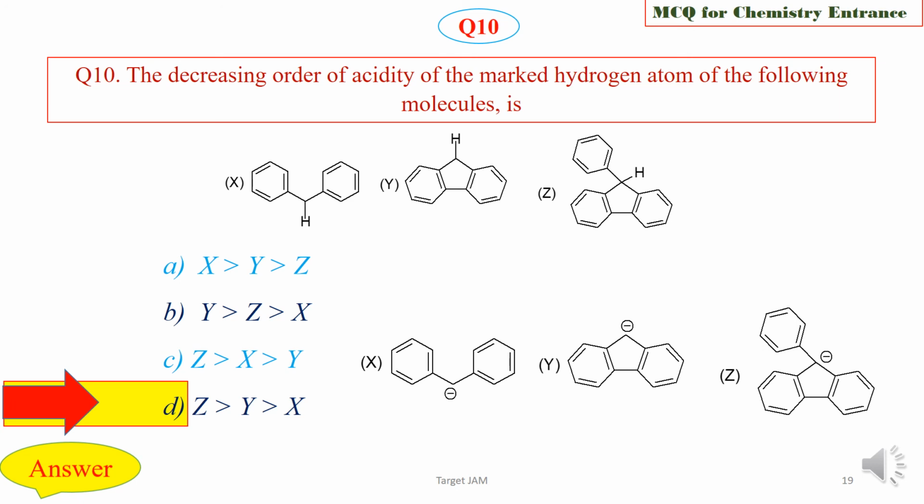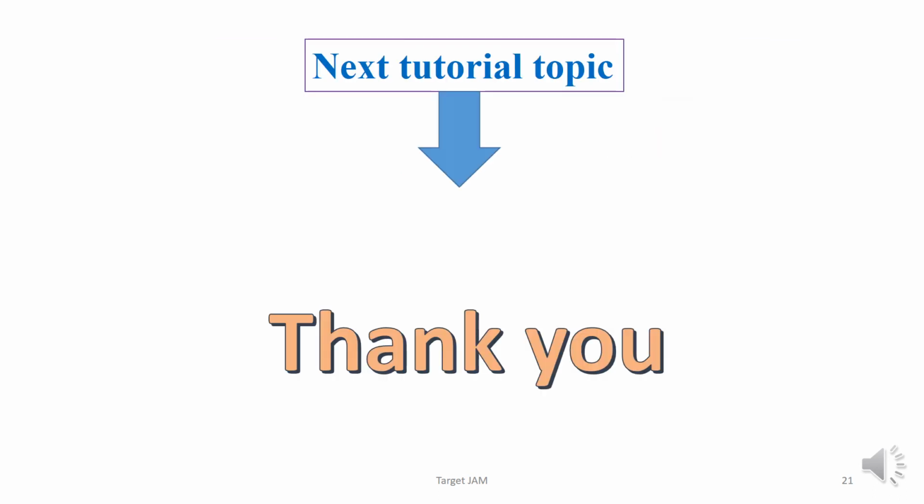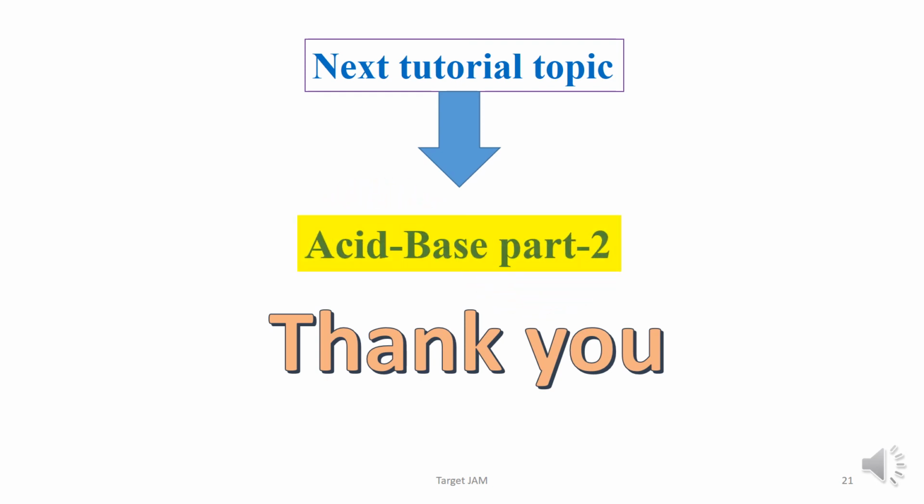In case of Y, aromaticity gain occurs and the anion is stabilized with conjugation with 2 phenyl rings, and in case of X, there is no aromaticity gain and it is stabilized by conjugation with 2 phenyl rings. Now calculate and evaluate your performance, and in our next tutorial we will discuss acid base part 2.